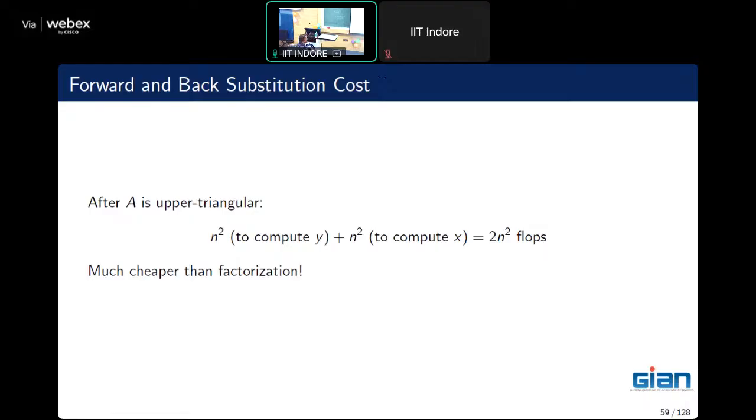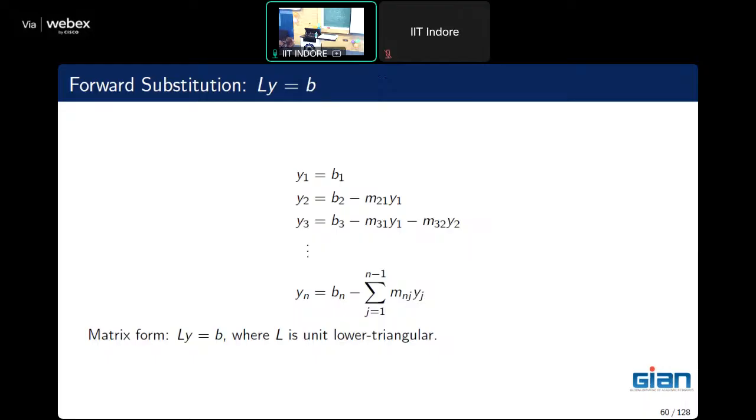So here the performance is like this: to compute the y and to compute the x, 2n square plus, as I told you before. And finally, when you solve Ly equal to b with the multipliers, see, generally we are getting the multipliers, m_i1. If you write that equation, that is nothing but the lower triangular matrix with the diagonals all 1, and below the diagonals all the multipliers.